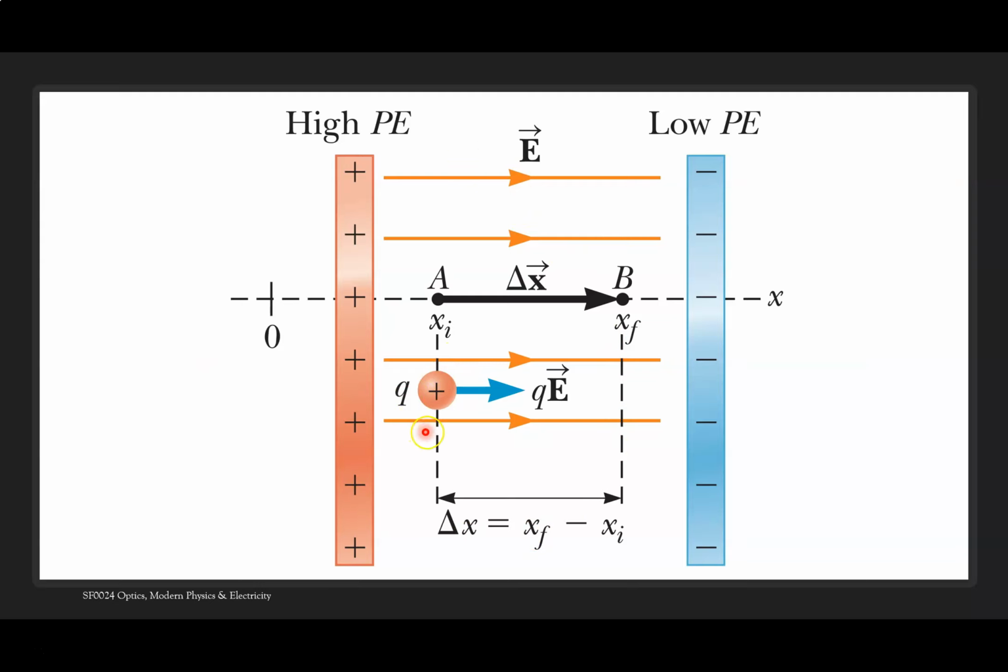We know the charge is moving from high potential energy to low potential energy. What does high potential energy mean? The high potential energy is positive and the low potential energy is negative.